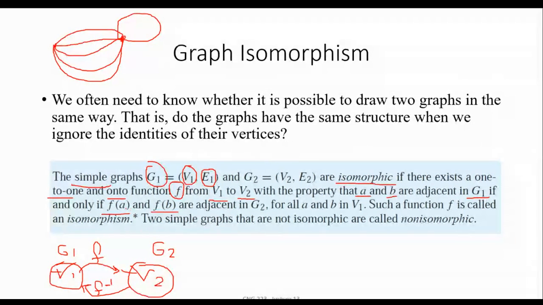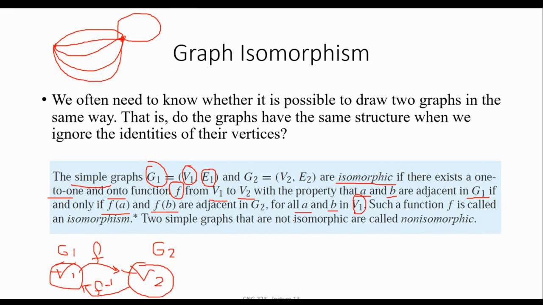So when you find two neighbors in V1 inside the graph, then if you apply this function, you should find exactly two neighbors by using these two function values. Otherwise, it's not possible. So it should hold for all A and B in V1. So any elements you take from these vertices should follow this rule. So such a function, we call it an isomorphism.